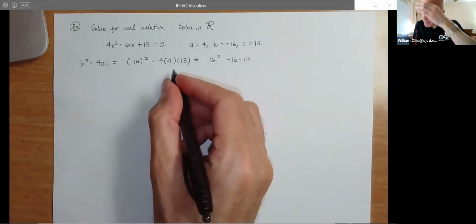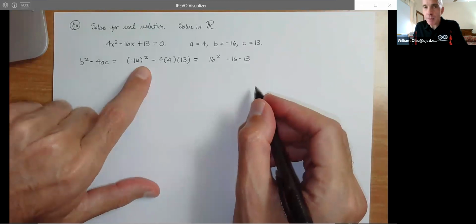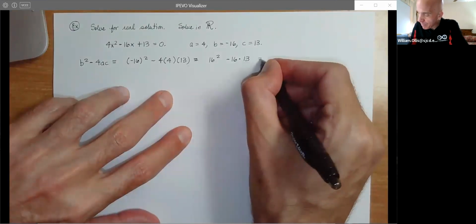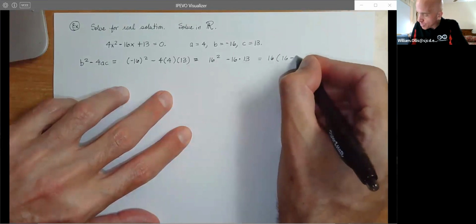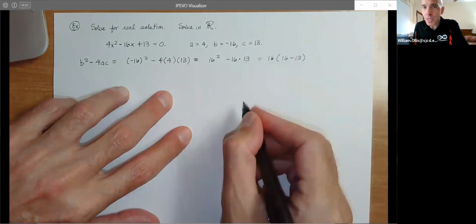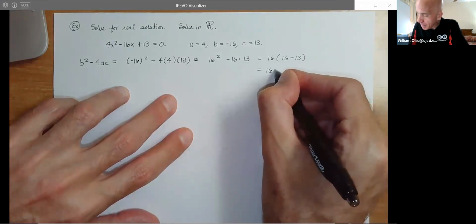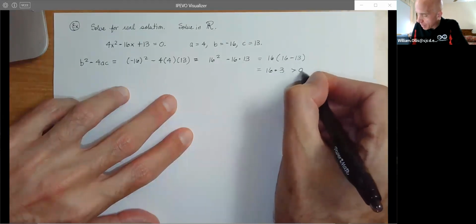So what I've done is I've dressed this up a little bit so you can see that we have a common factor of 16 in both of these terms. So we're going to factor that. So that's 16 times 16 minus 13, just to keep the numbers more manageable. So this is just 16 times a positive 3, and that's positive.